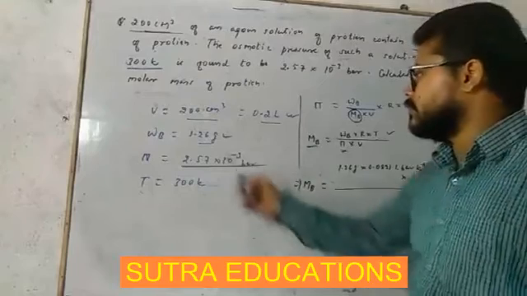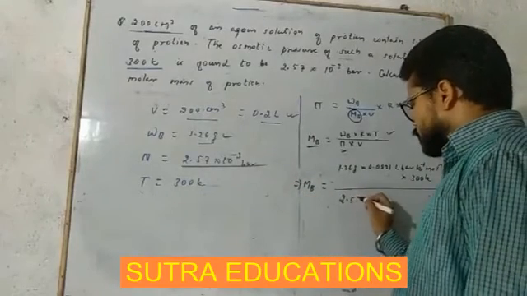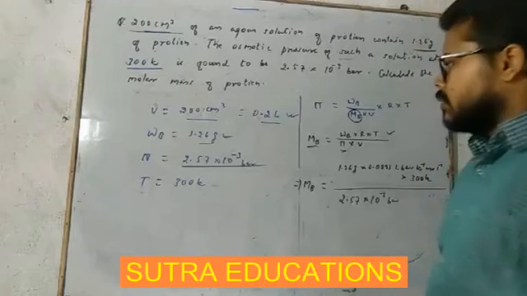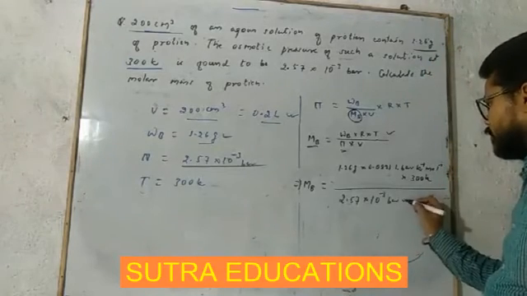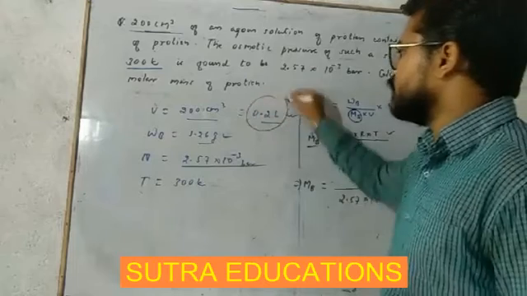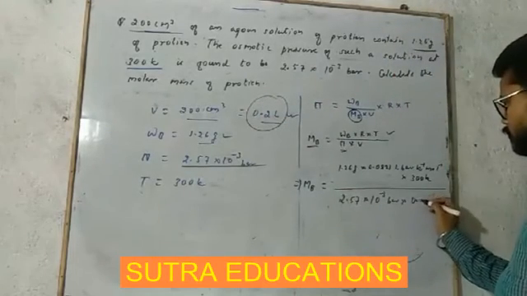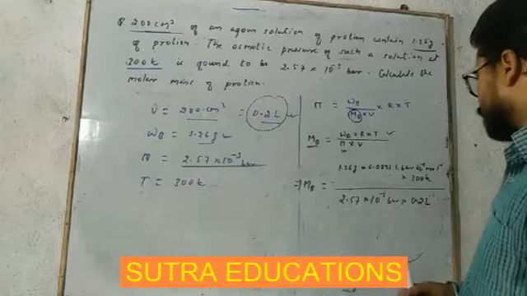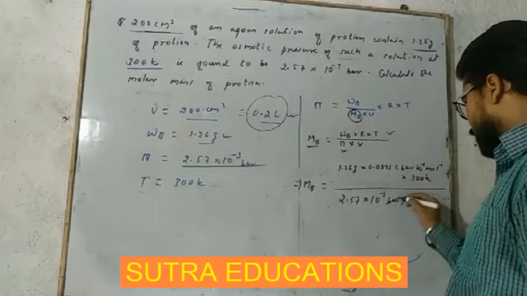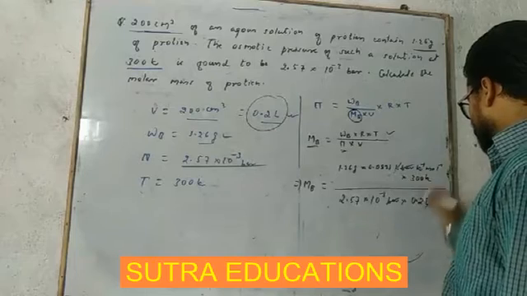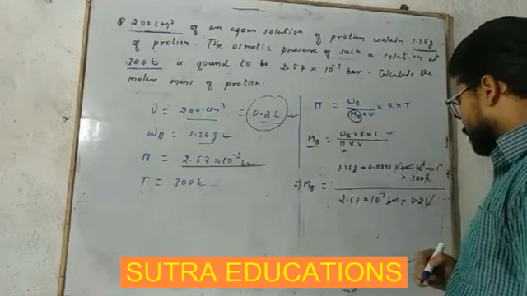Multiplied by temperature in Kelvin, so 300 Kelvin is given, upon pi, which is given as 2.57 into 10 to the power minus 3 bar, into V, volume, which is 0.2 liter. So bar gets cancelled, liter gets cancelled, Kelvin gets cancelled.